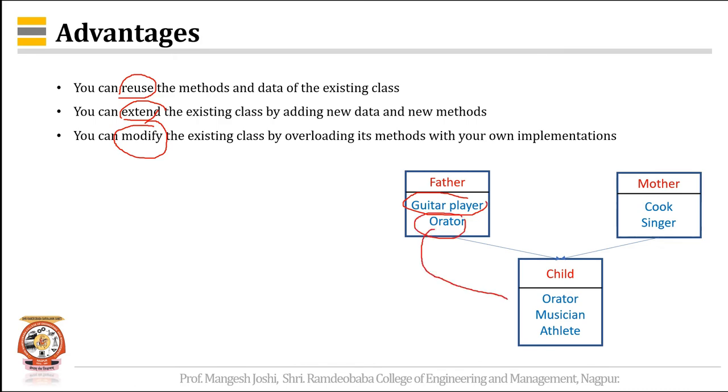As orator is here, then this is a musician. So this is reusing the data of the base classes. And you can extend this as well, that is, the child class is extended by adding athlete, which is his own property. You can also modify the existing classes by overloading.